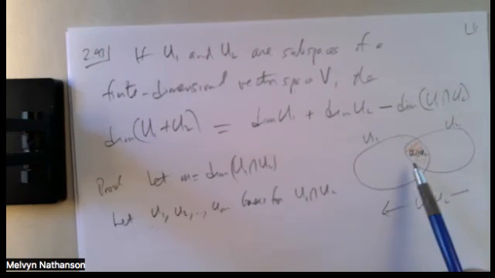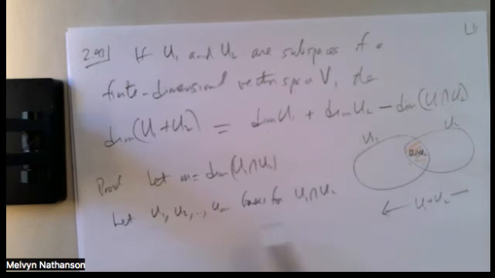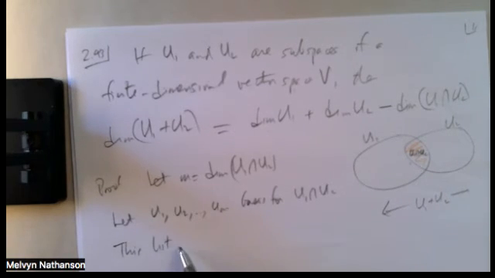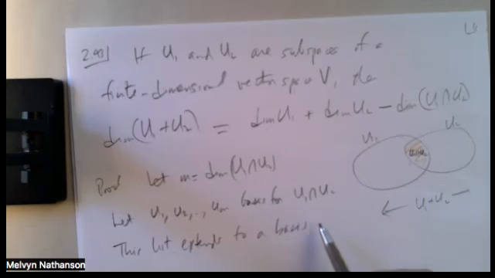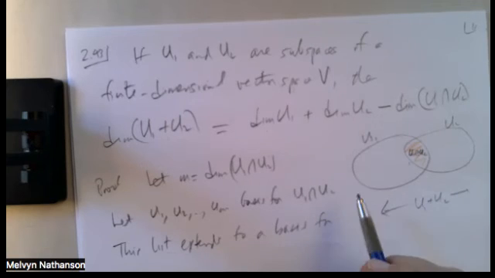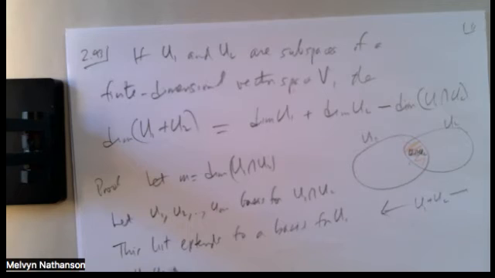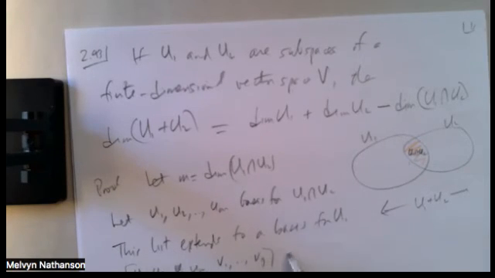Now that's contained in U1. So this list of vectors extends to a basis for U1. Say it's u1, u2 up to u sub M, and then we add some vectors, say v1 up to v sub J. So this is a basis for U1.